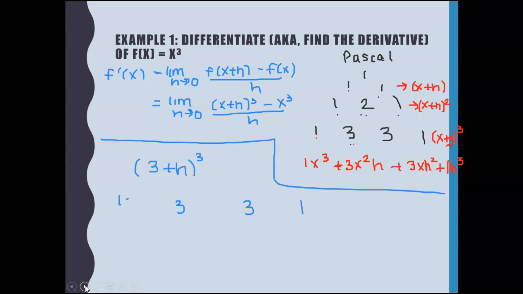So this is like times 3 cubed, times 3 squared, times 3, times nothing. And in reverse, times h cubed, times h squared, times h, times 1. So 3 plus h cubed, without having to FOIL 3 plus h twice and then FOIL it again, is 27 plus 27h plus 9h squared plus h cubed.